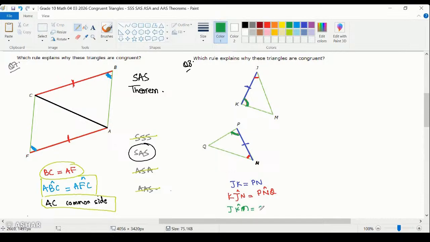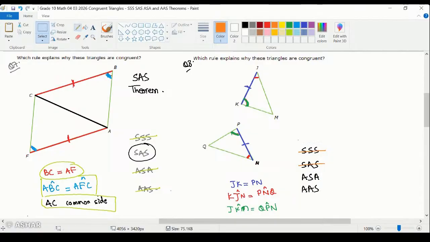And QPN. We have the properties side side side, side angle side, angle side angle, and angle angle side. We cannot apply side side side because three sides are not given. We cannot apply side angle side because two sides are not given. Agreed? But we can think about applying either of the last two properties. Why? Because both of these properties have two angles.